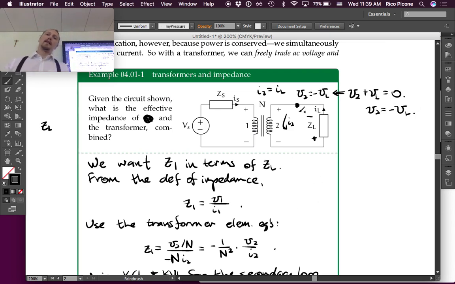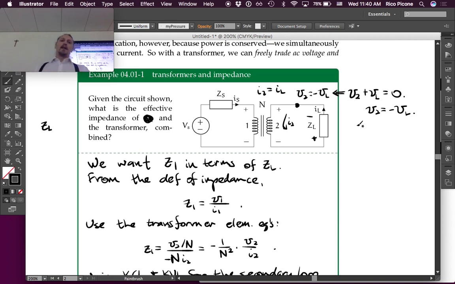The reason why the currents came out the same sign is that they were in the same direction around the loop. Would it have come out the same if we had chosen IL to go this way? Yes, because then I2 would be equal to negative IL and V2 would be equal to VL. So you get the negative sign no matter which way you slice it.